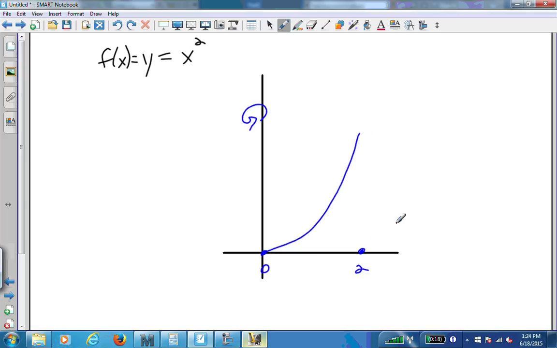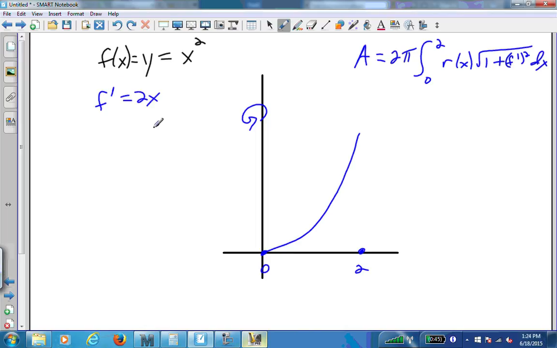So we're going to rotate that. So our surface area, 2 pi, the integral from a to b of our radius in terms of x times the square root of 1 plus our derivative squared dx.